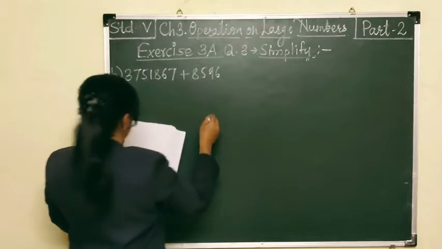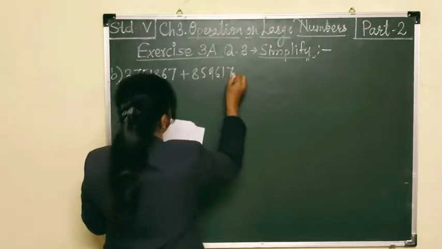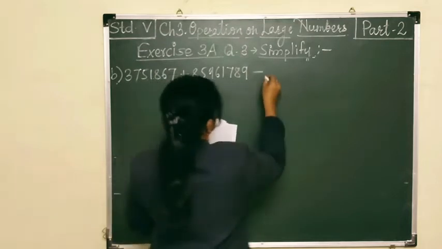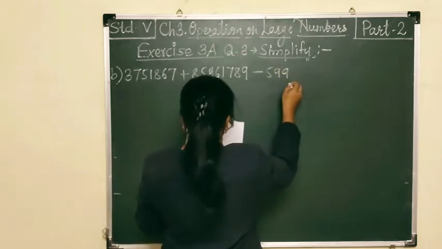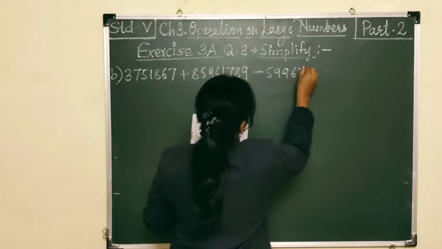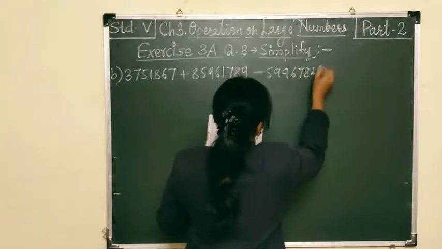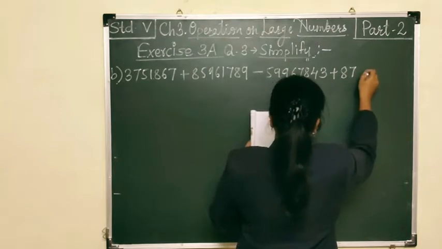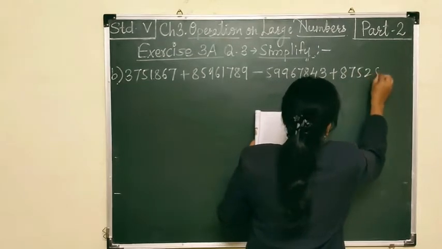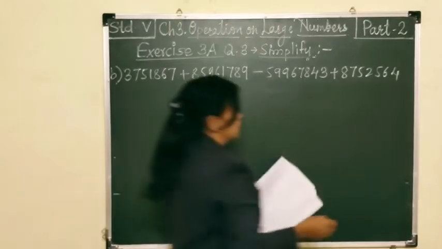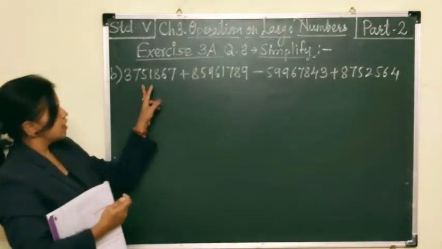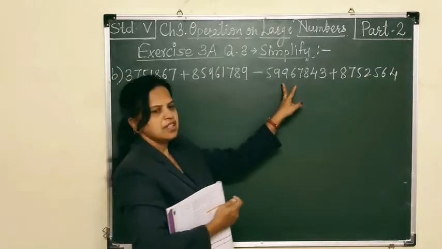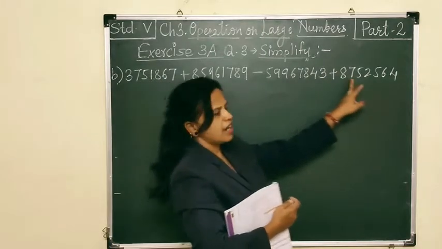As these are the large numbers, I will note down it properly here. 1789 minus 599, 67, 843 plus 8752, 564. Check here. See here, first two numbers addition, from that again subtraction, and again addition.